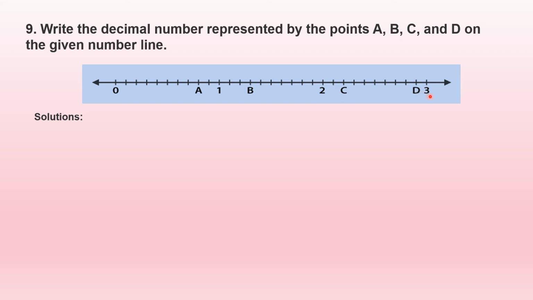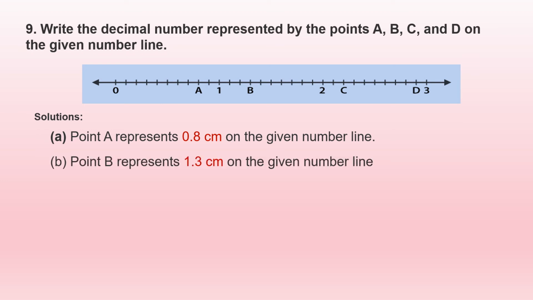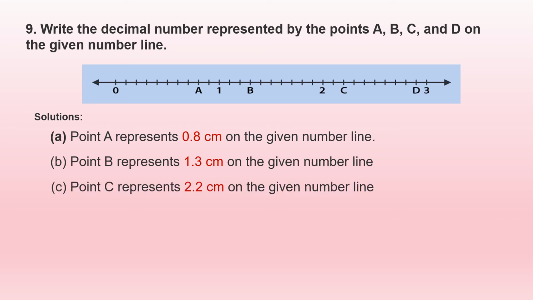D is before 3. So D is at 2.9. So shall we write? Point A 0.8, B 1.3, C 2.2.